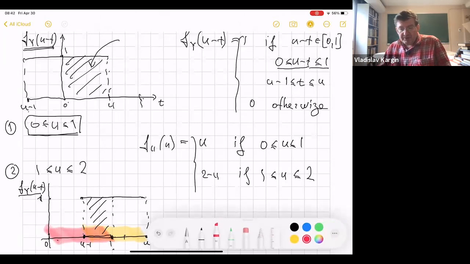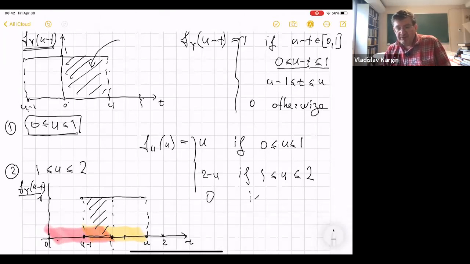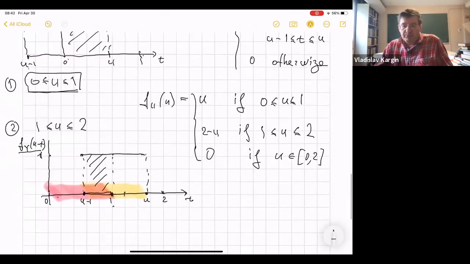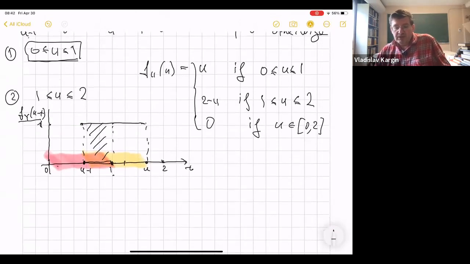To summarize, everything is equal to 0 if u doesn't belong to the interval from 0 to 2. Otherwise, this is the answer. We can plot this density just to see how it looks.